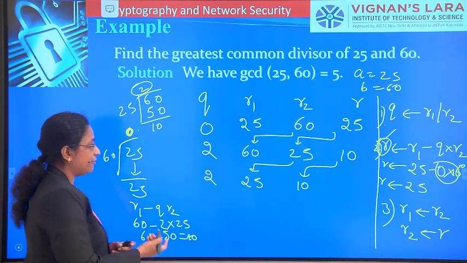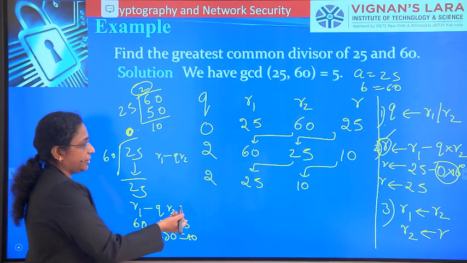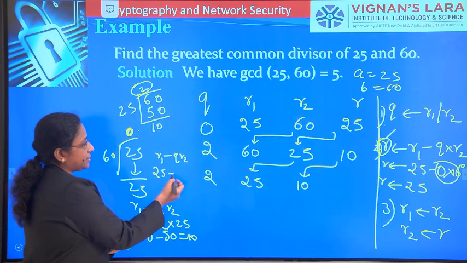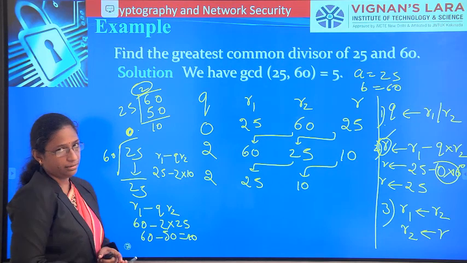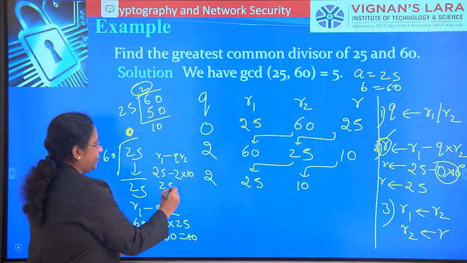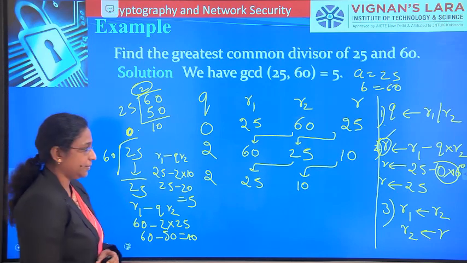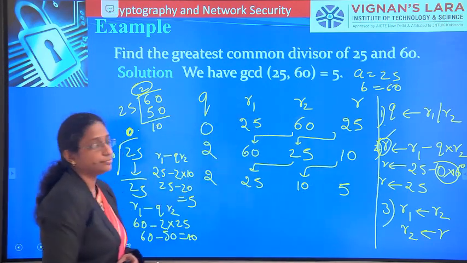After that you again calculate R1 minus Q into R2. Your R1 value is 25 minus, the quotient is 2, and R2 is 10. So 25 minus 20 is equal to 5. You have to write the remainder as 5.